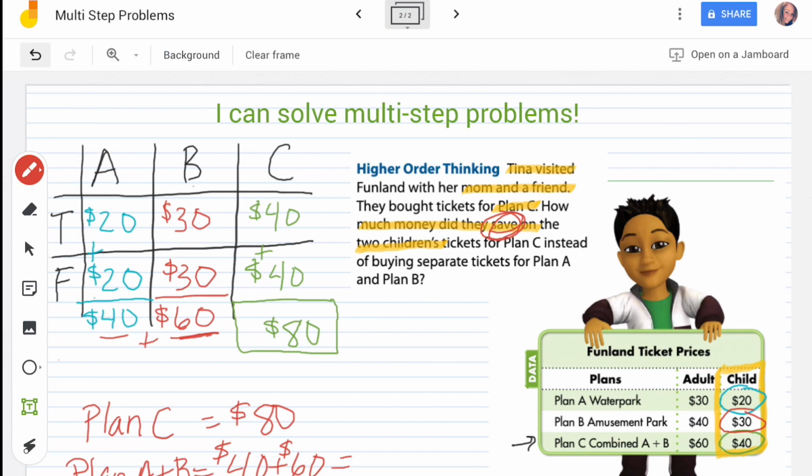And that equals what? $100. Is that more or less than what they paid for Plan C? That's right, that is less money.